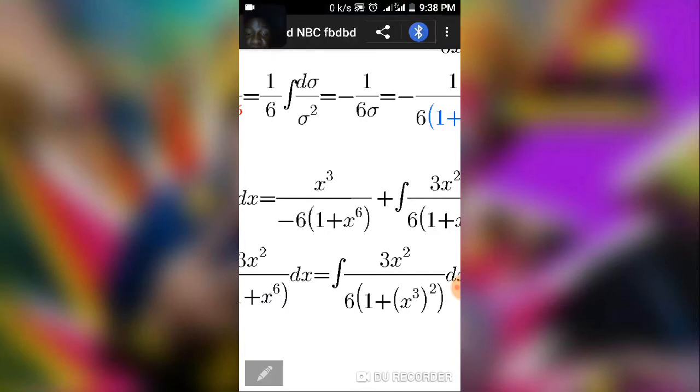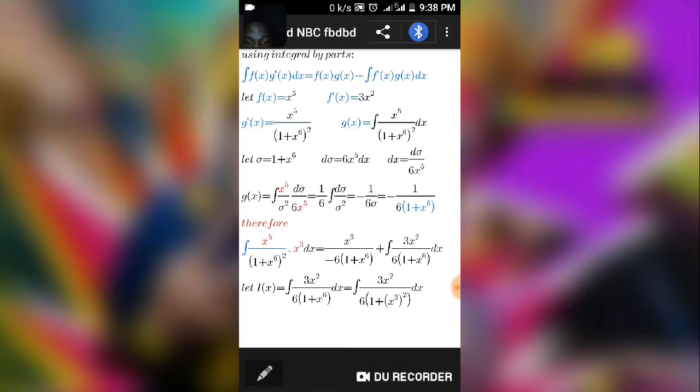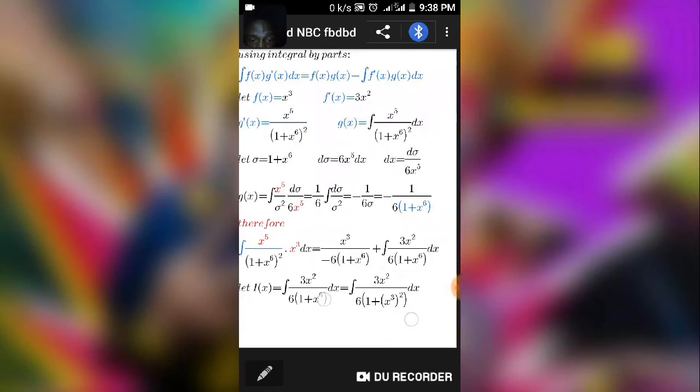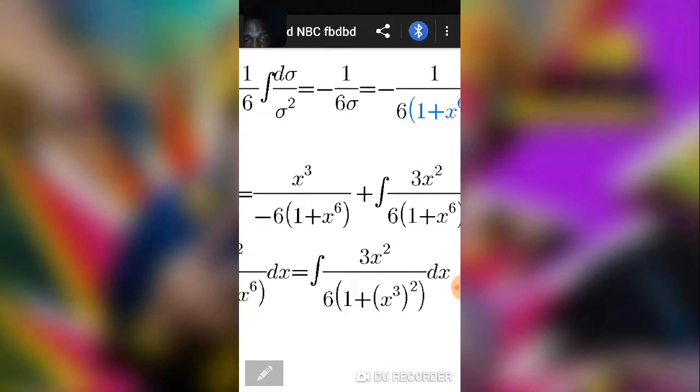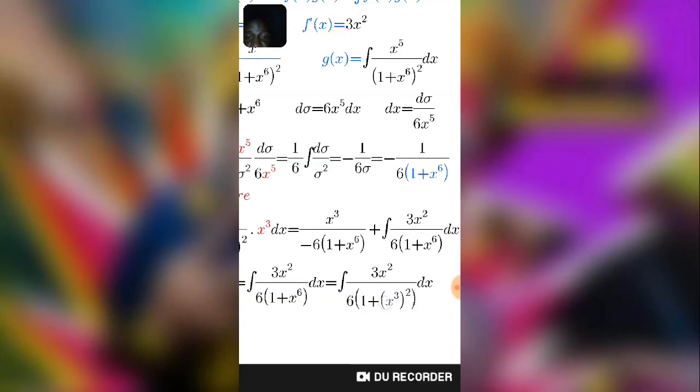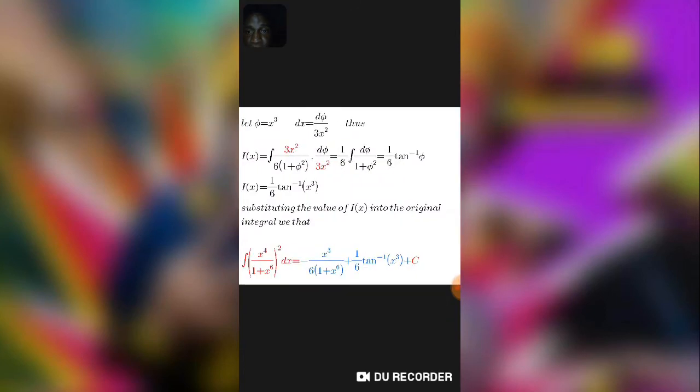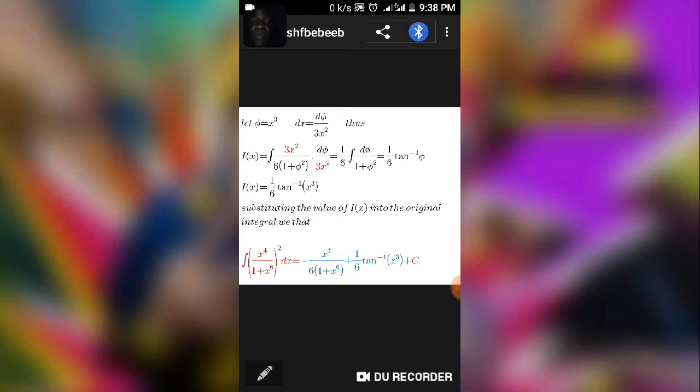It's also the same as saying x to the power 3 and everything to the power 2. So let's assign theta to this value here as x to the power 3. So we let theta equal to x to the power 3, so that dx is equal to d theta over 3x squared.